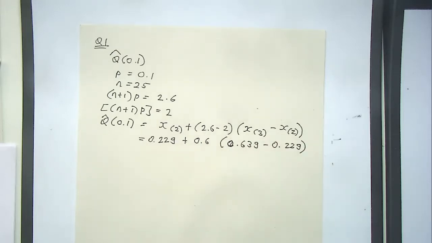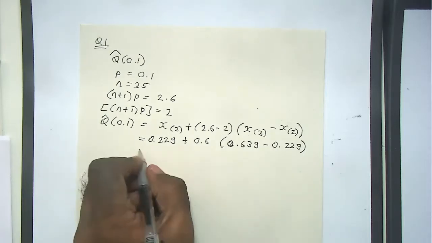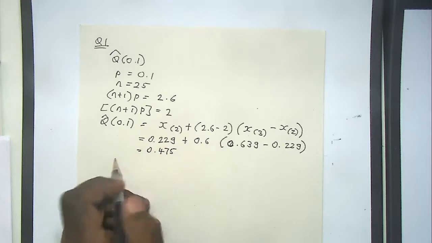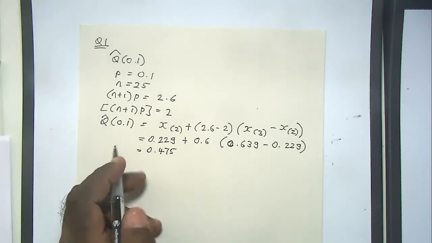Do you follow what I'm doing? If you work this out, you get 0.475. That's the quantile at 0.1.